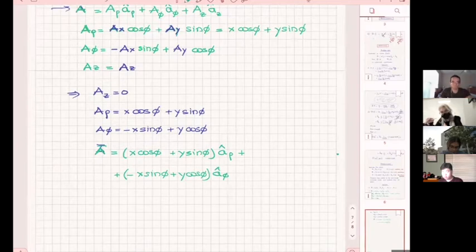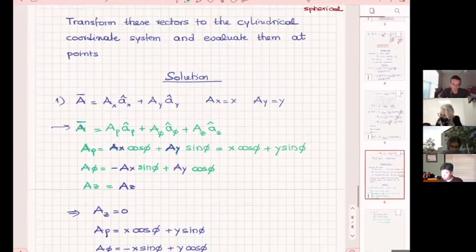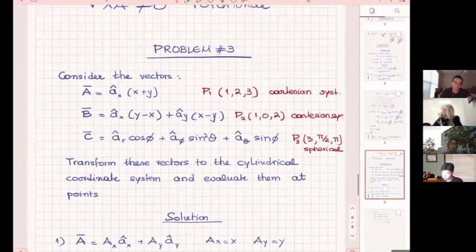Now what it is asking us to find is what is the value of this vector at point 1, 2, 3 of the Cartesian system.